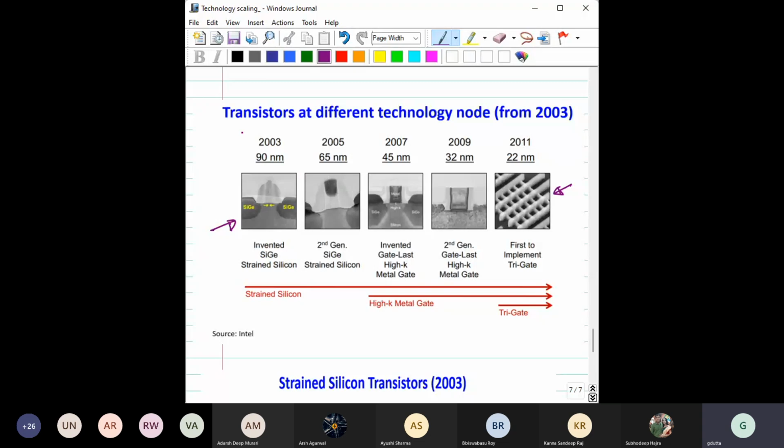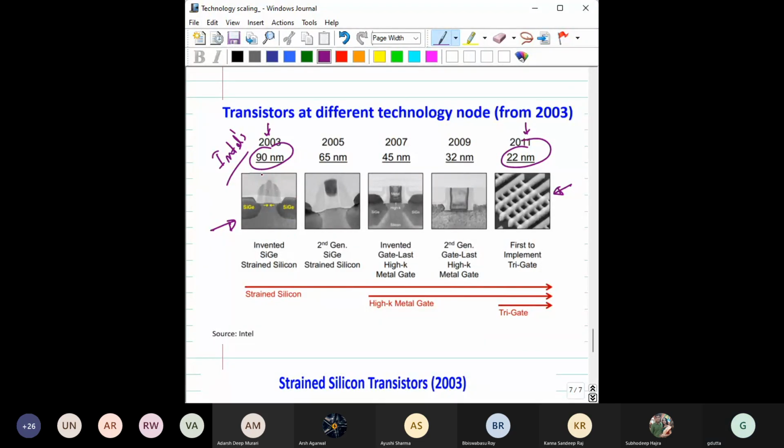For example, here is a glimpse of Intel's technology nodes, from the 90 nanometer node to the 22 nanometer node. It started in 2003 and goes to 2011. You will be surprised by the rapid change when I discuss this.